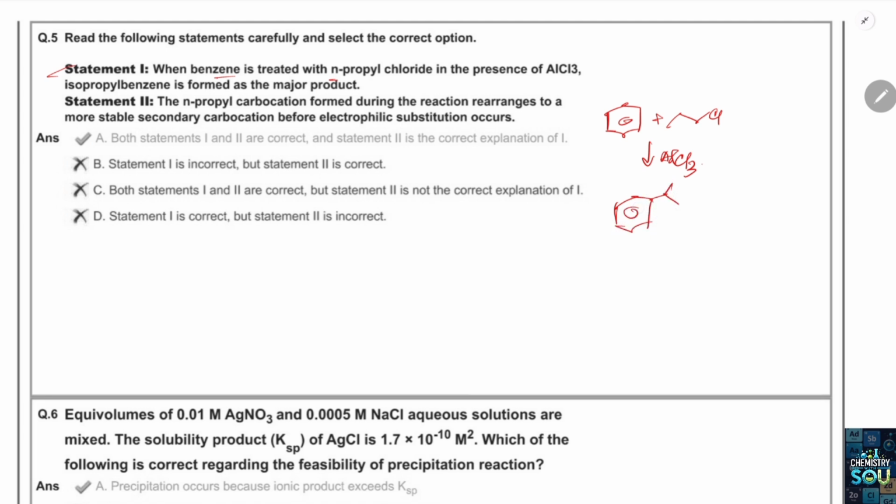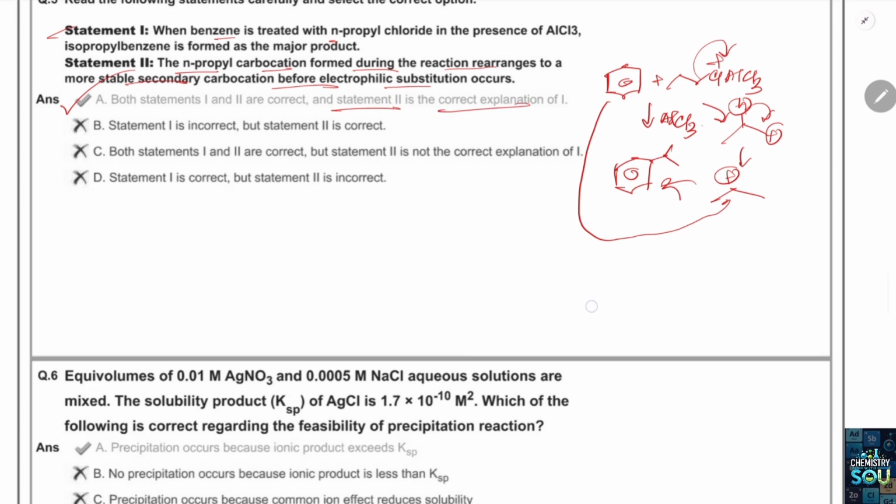That is true, because with AlCl3 it releases chloride and generates a primary cation, then a hydrogen rearrangement takes place and generates a secondary carbocation, and then the benzene attacks this secondary cation to give this product. Statement 2: the n-propyl carbocation formed during the reaction rearranges to the more stable secondary carbocation before electrophilic substitution occurs. That is true. So both statements are true, and statement 2 is the correct explanation of 1.